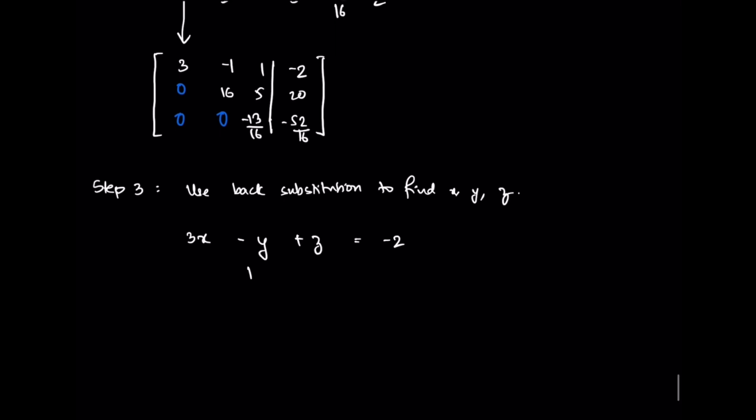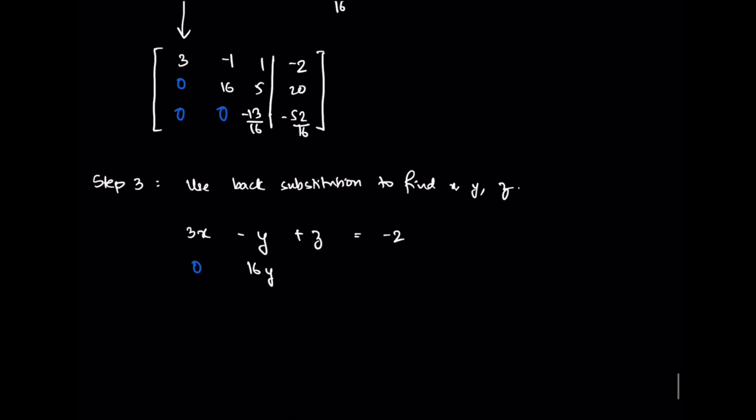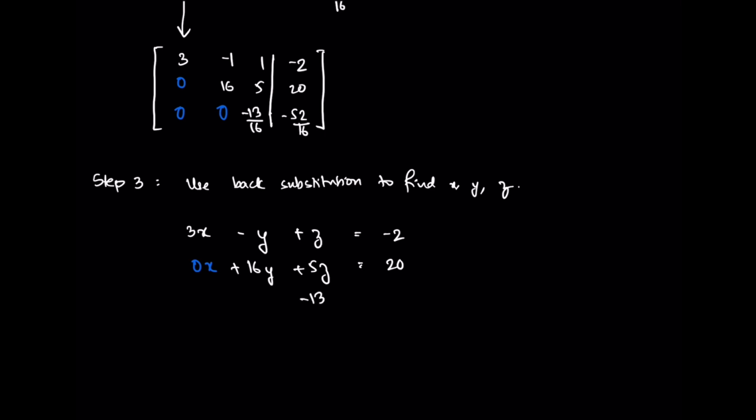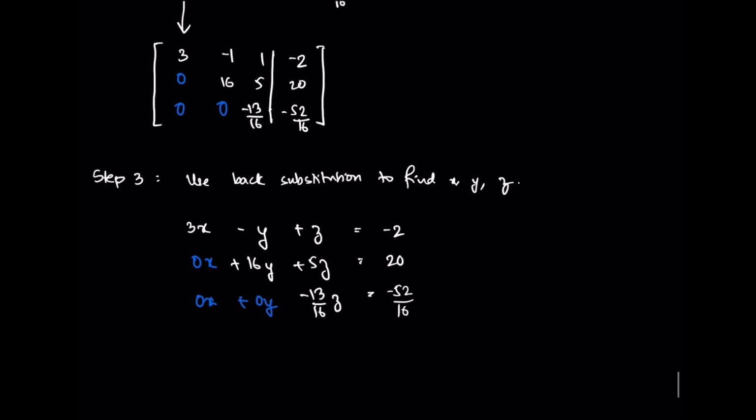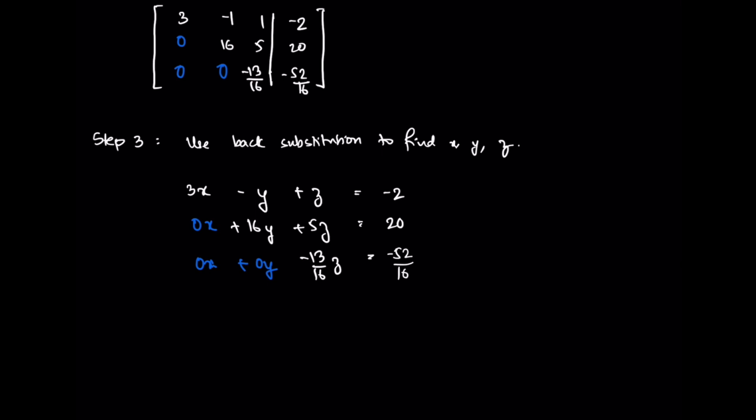Then 16y plus 5z is equal to 20, because here's a 0, it simply reduces our x to 0. Then minus 13 by 16 z, with 0x plus 0y, is equal to minus 52 by 16.